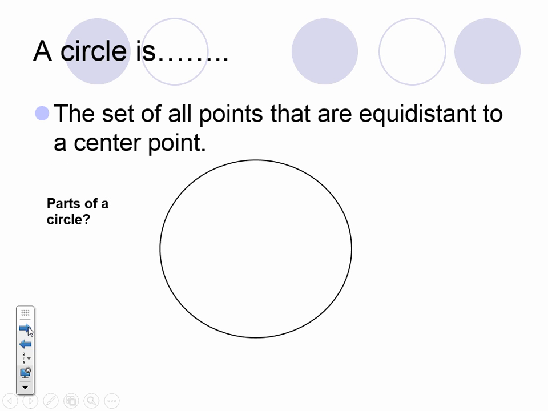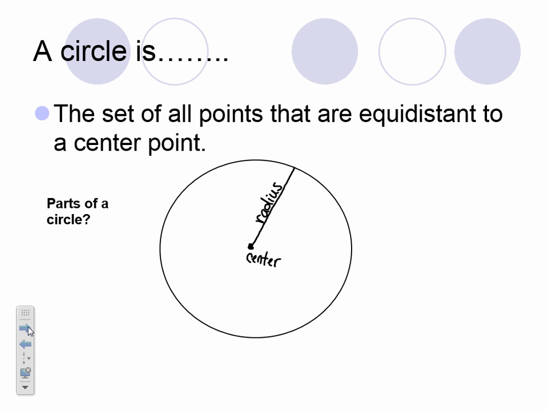So if I was going to bring up a pretty picture here, there are certain parts that we should know for a circle. We should have this in your notes, okay? Please draw this in your notes. A circle, you need to have a center. You should also be aware that from the center to the edge of the circle, that's called a radius.